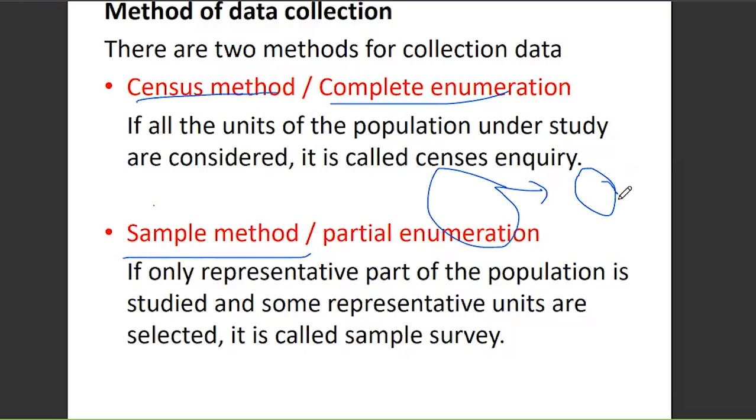If I collect the data from the sample, that is called the sample method. If you collect the data from the whole population, it is called the census method, or the census inquiry, or census enumeration, complete enumeration. If you apply the census method, you have to consider each and every element under the population.